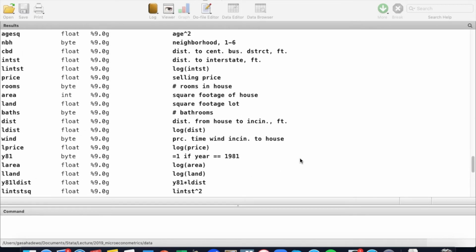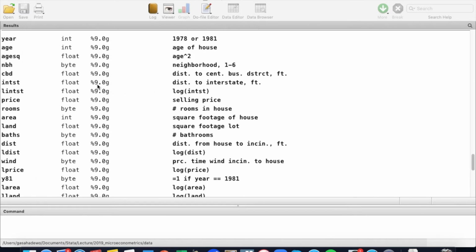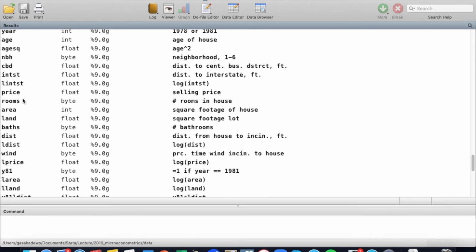Okay, so let's look at explanatory variables that we can use. Of course, we discussed age, square of age, and the distance to the interstate. We can include the number of rooms, the number of bathrooms. We can also include the square footage of the house area and the square footage of the lot or land in the regression model.